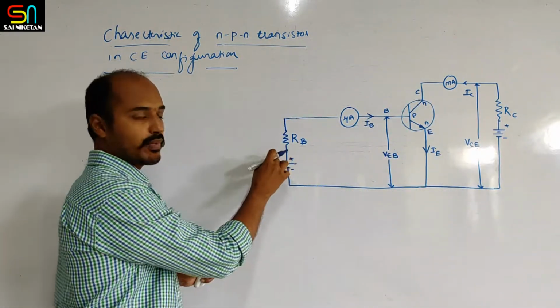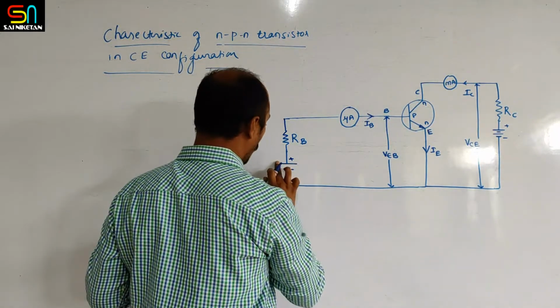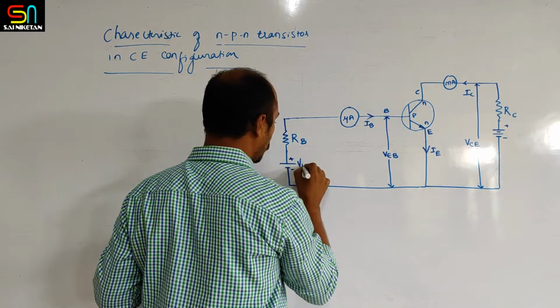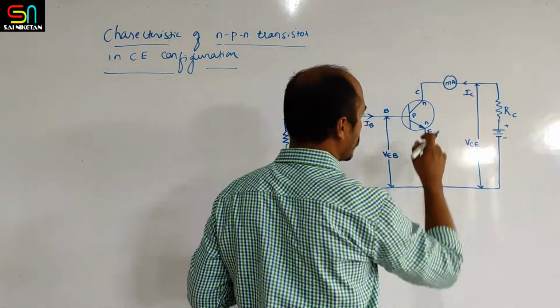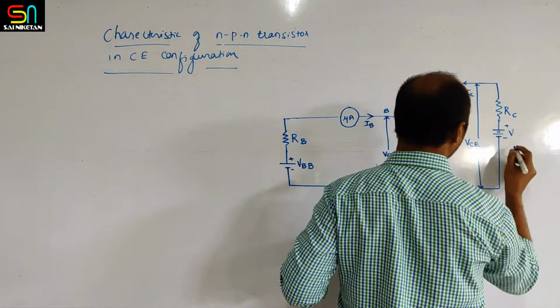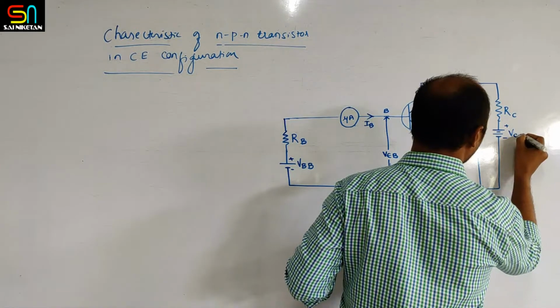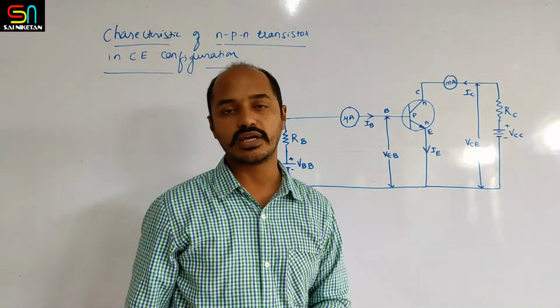This battery supplies the current to the base side, hence the voltage or EMF produced by this battery is given by VBB, and this is connected to the collector side, hence it provides the voltage, or EMF, of VCC. So this is the circuit diagram for the characteristic.